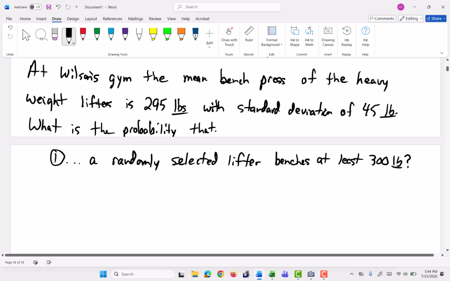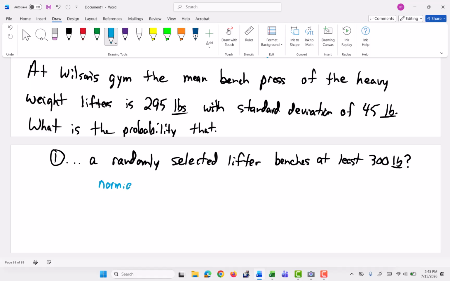So this is just a single value. This is just a normal probability. So this is a normal distribution.